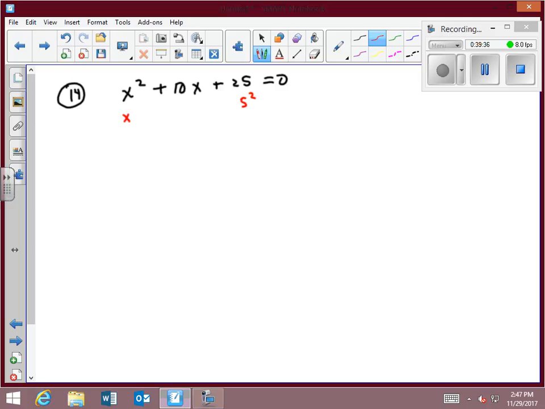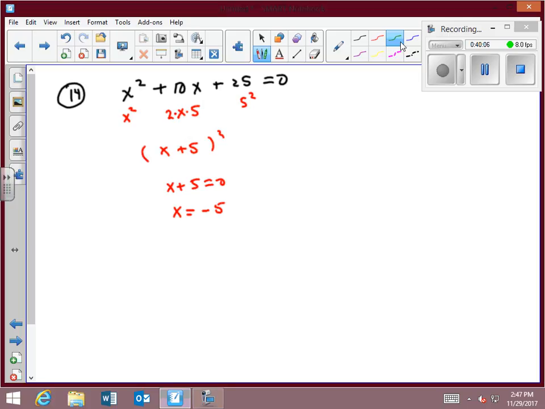The x squared is an x squared, and the middle term is 2 times the first one times the last one, right? That's 10. That's a special case. And what is a special case? It's x plus 5, right? And so what's our answer? x plus 5 equals 0. x equals minus 5, correct?